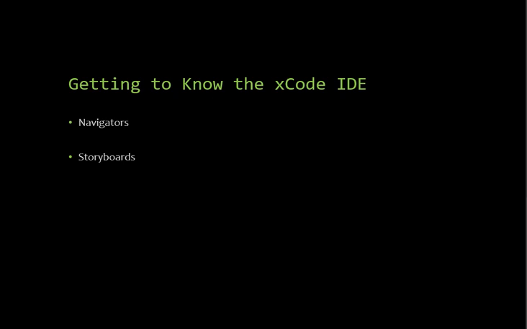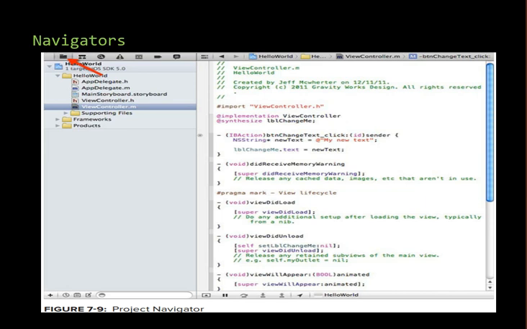Under getting to know Xcode IDE, the first point we will be speaking about is navigators. You can see here, this entire thing is your Xcode window. The left side of your Xcode window, that is this part, is called your navigation area.